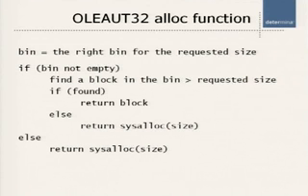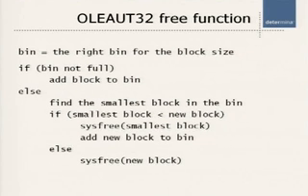If the bin is not empty and contains some blocks, we find the smallest block that can satisfy that allocation request, and then we return that block. If there are no blocks that are large enough there, we also go to the system allocator. It's a pretty simple algorithm, and the algorithm used by the free function is also pretty straightforward.